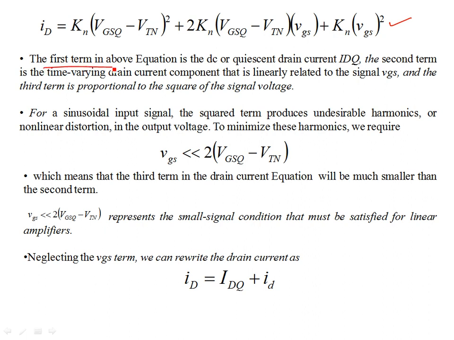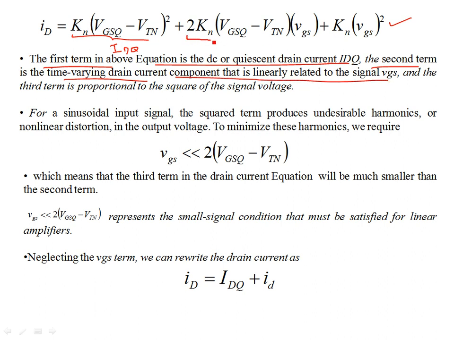The first term in the above equation is a DC, or quiescent, current IDQ. I defined this previously as the total DC quantity, so let's call it IDQ. That is my DC drain current. The second term is a time varying drain current component that is linearly related to the signal vgs.